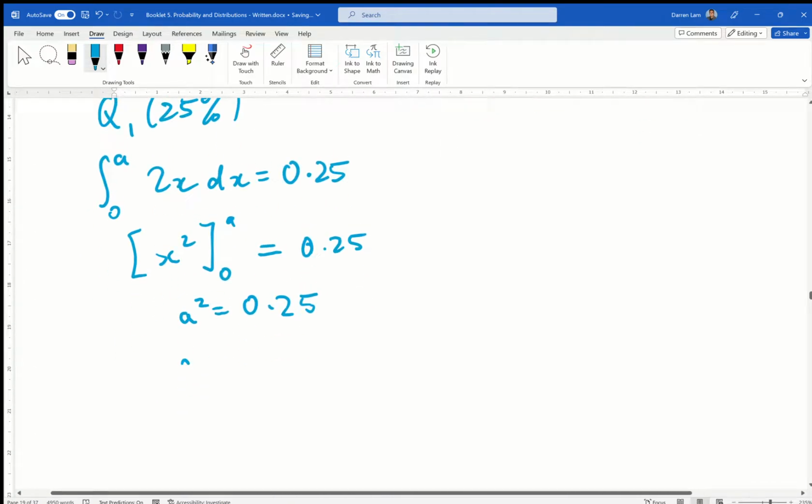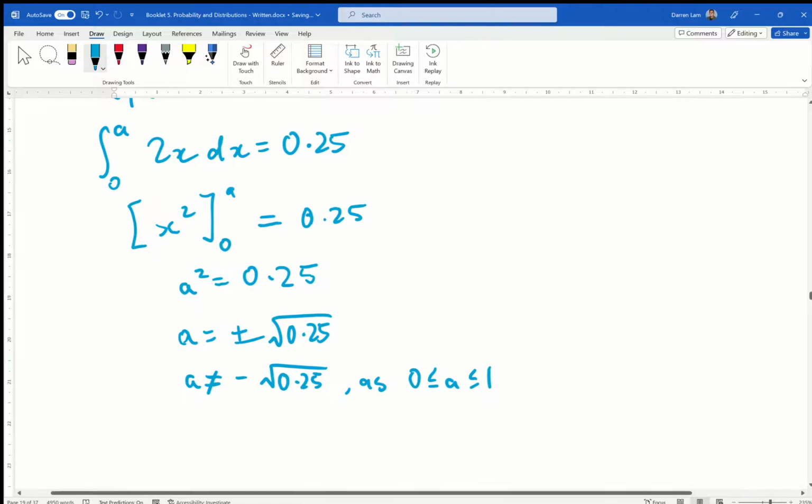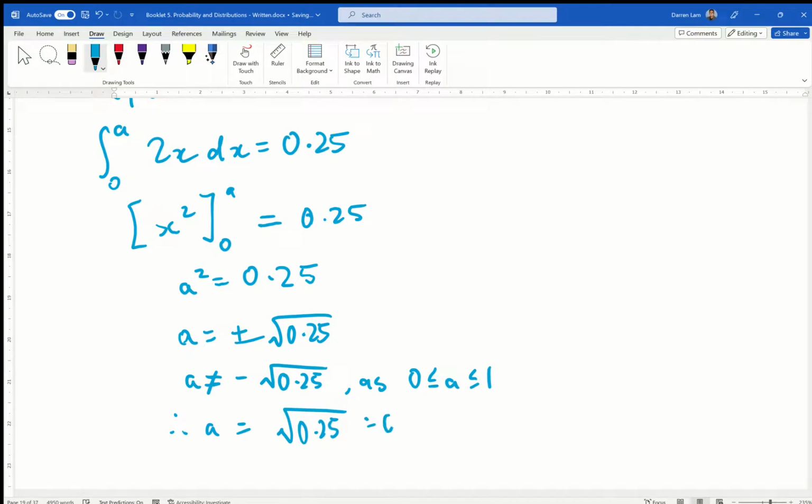So I'll say a equals plus or minus square root of 0.25, where a cannot equal negative square root of 0.25, as a must be between 0 and 1. Therefore, a equals the square root of 0.25, which is just 0.5.